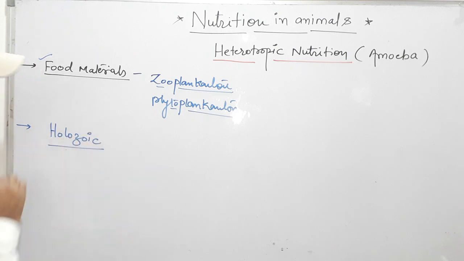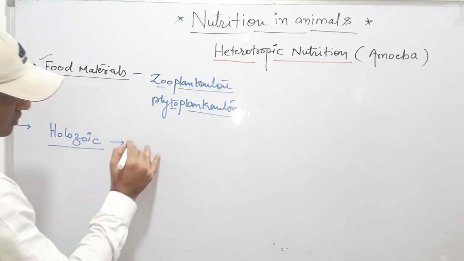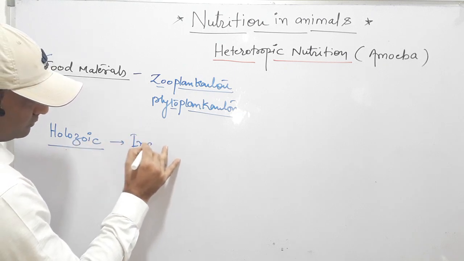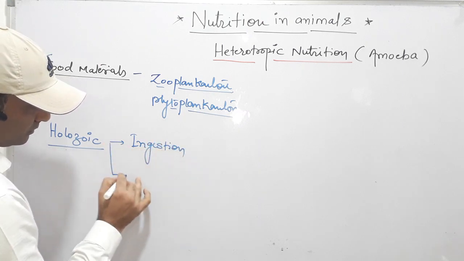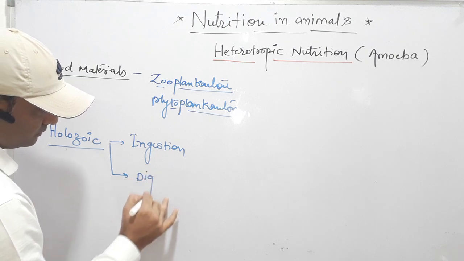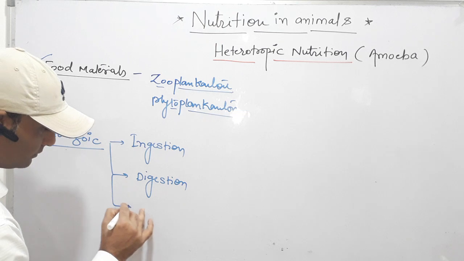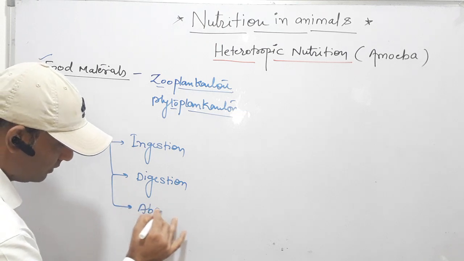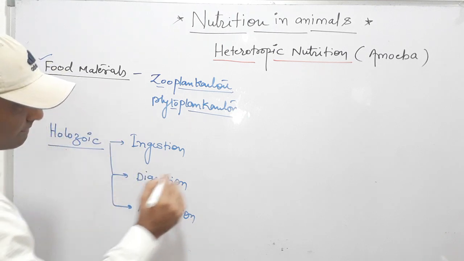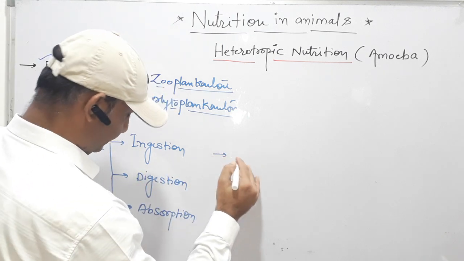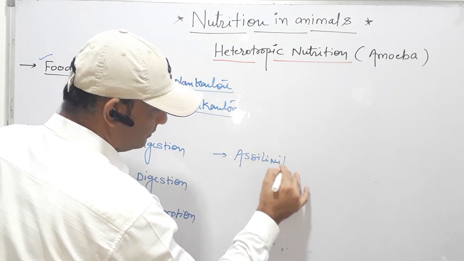In the holozoic mode of nutrition, which steps are involved in amoeba? First of all, ingestion. Second, digestion. Third, absorption. Fourth, assimilation.